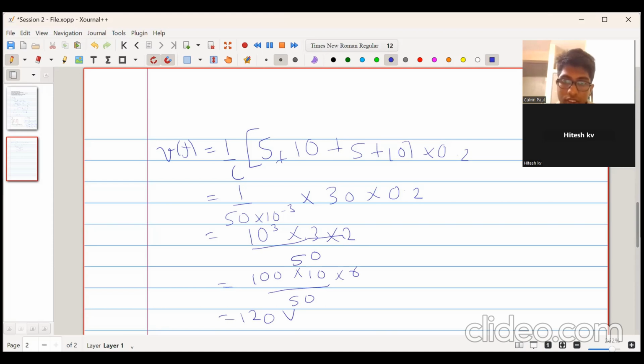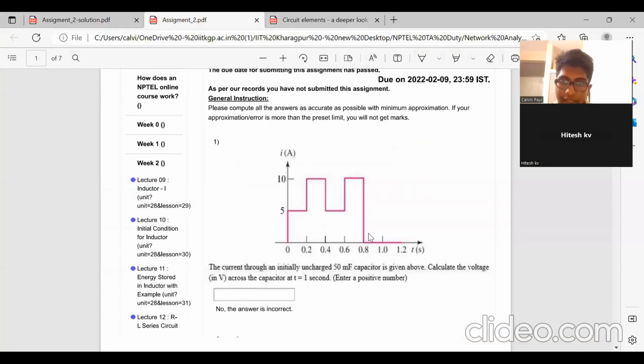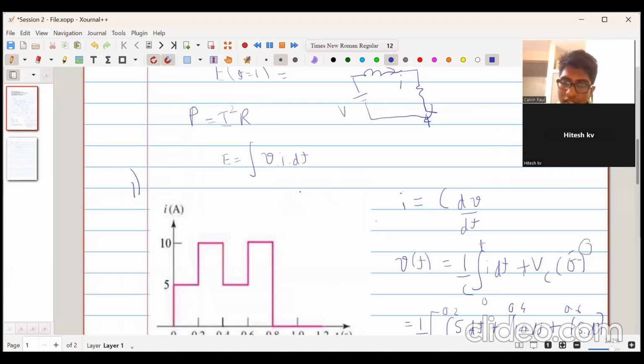Now, the voltage across the capacitor at 0.8 will be 120 volt, and further on it will remain at 120 volt. Why? Because the current is not changing. As we know, the voltage across a capacitor is given by 1 by C into integration of i dt plus Vc of 0 minus.